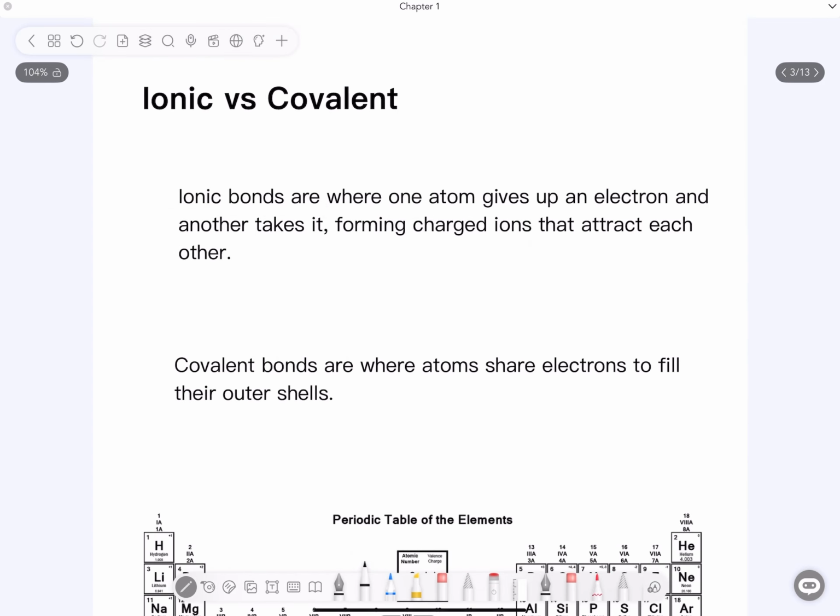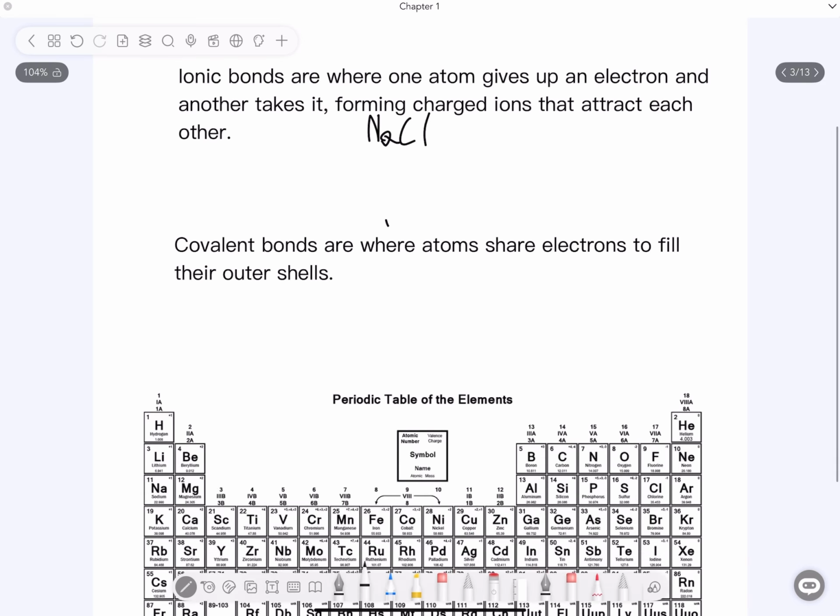Ionic versus covalent. Ionic bonds are where one atom gives up an electron and another takes it, forming charged ions that attract each other. For example, if we have NaCl, our Na has 1 valence electron, and our chlorine has 7. So it'll be 1, 2, 3, 4, 5, 6, 7.